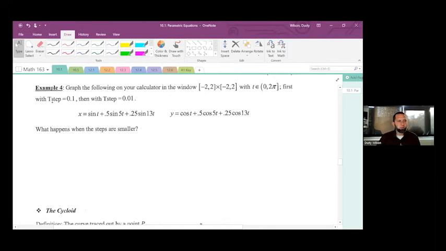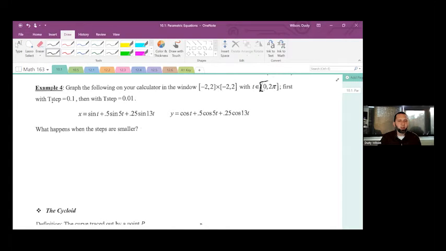This next example, example 4, helps us to understand the importance of the t-step. We're going to graph on our calculator in the window -2 to 2, -2 to 2, with t going from 0 to 2 pi, first with t-step equal to 0.1, and then with t-step equal to 0.01.